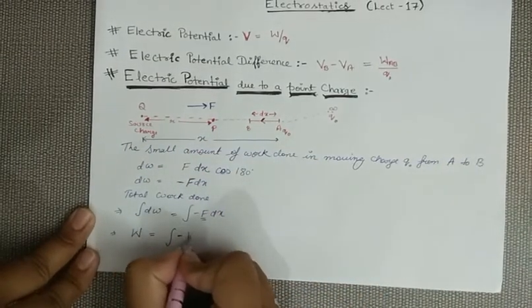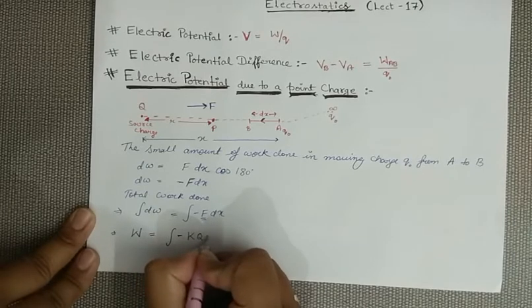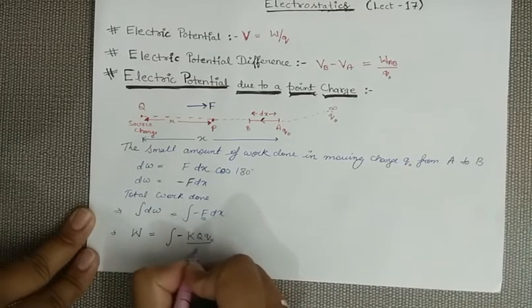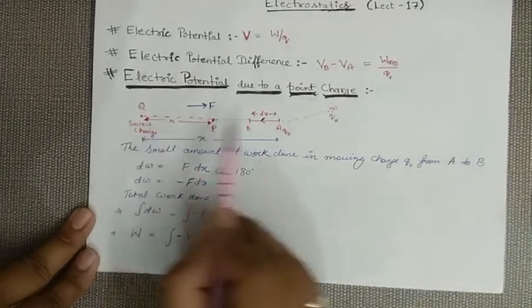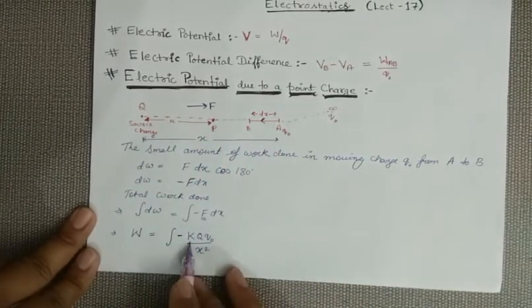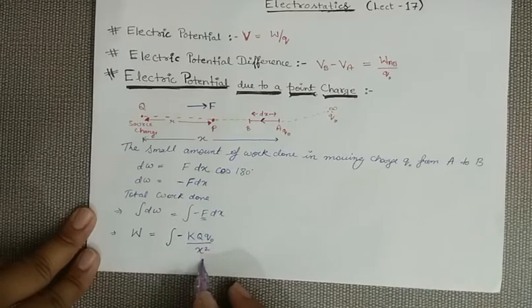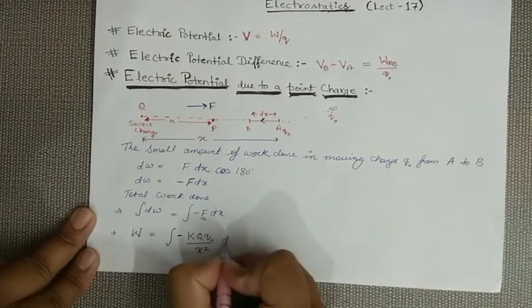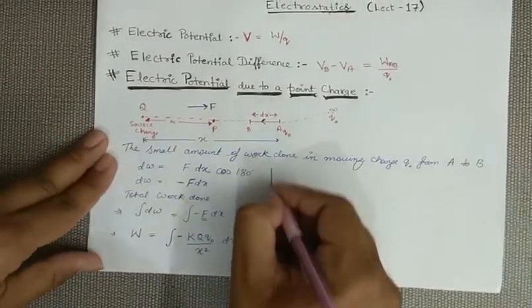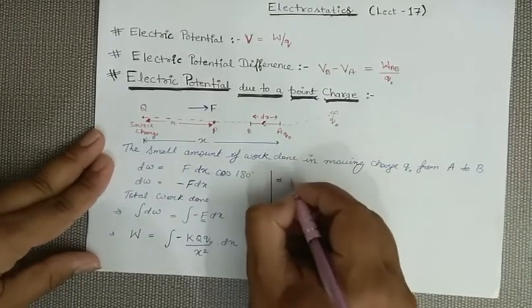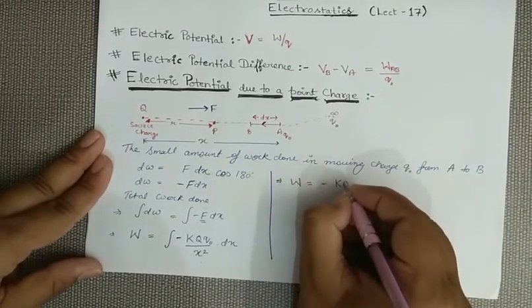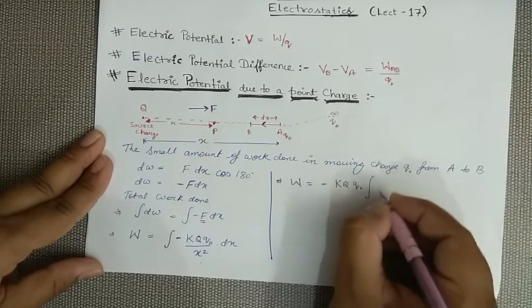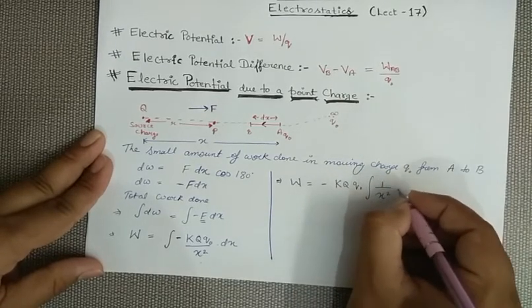So the force is K times first charge, second charge upon square of distance. Try to remember, this is Coulomb's law. Now take the common things outside, so your work is equal to minus K capital Q small q integration of 1 by x square dx.